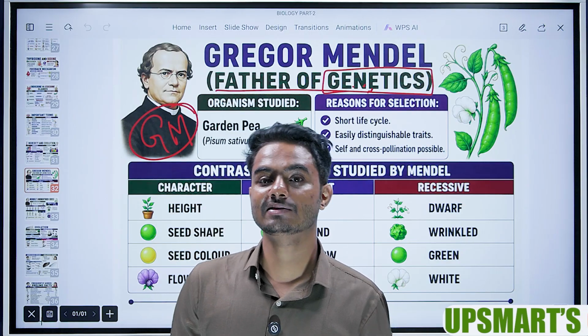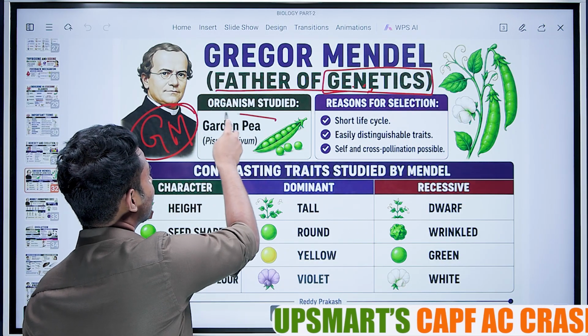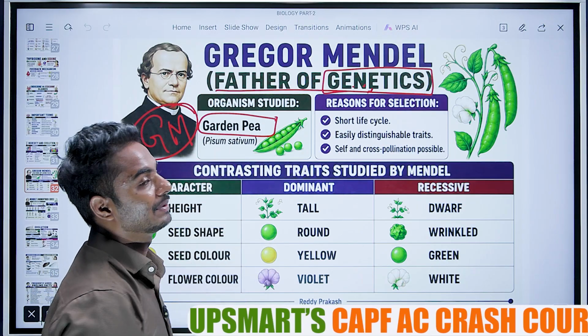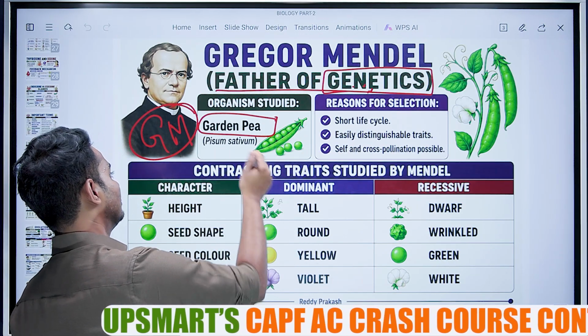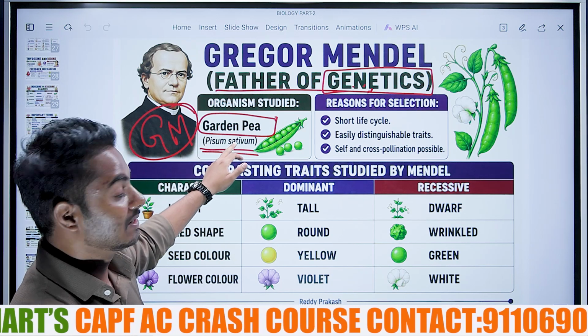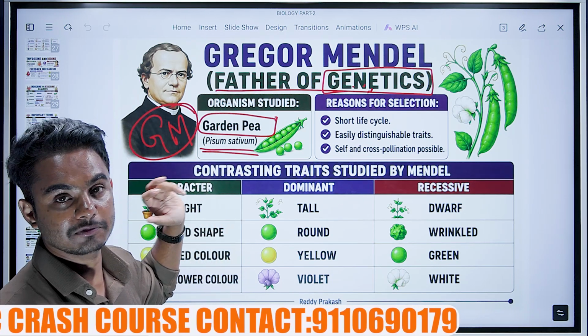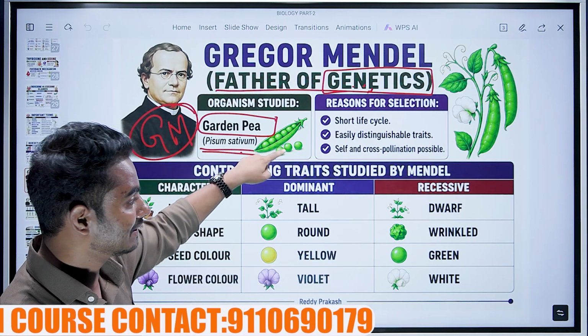That plant name is important. That plant is the pea plant, especially the garden pea, and the scientific name for this is important: Pisum sativum. Pisum sativum is the scientific name. This is important.